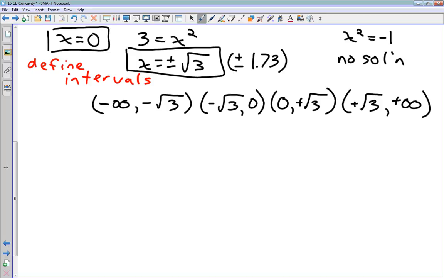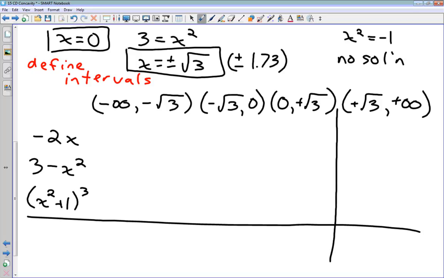So what are we doing with this interval table? We are checking the concavity of our curve in each one of these intervals. So we want to check the sign of each term in our second derivative. So we have a negative 2x and a 3 minus x squared in the numerator, and we have an x squared plus 1 all cubed in the denominator.